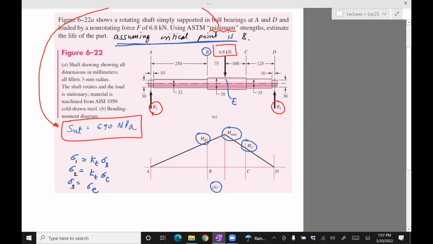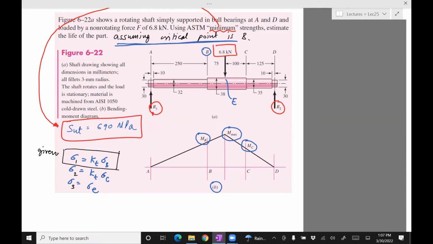Whichever has the biggest magnitude is going to be the point of higher stress, and that's going to be the critical point. Now, in this case, I've already given to you that the critical point is B. This is already given, but otherwise you would have to compute that by computing those stresses. It's going to obviously take us a lot more time to do that, so I'm just going to skip that step, but that's what you would do.